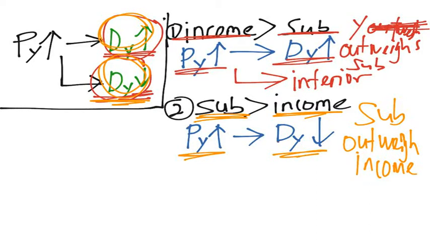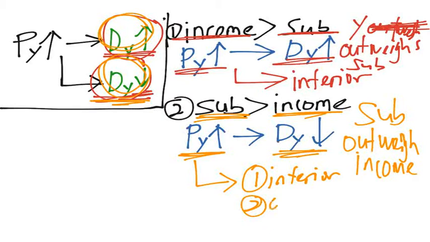Okay? Now, this is where it gets tricky. We know that the good that we are considering is, first of all, inferior. But if we consider the effect of the price on the good, it actually acts the same as a normal good.